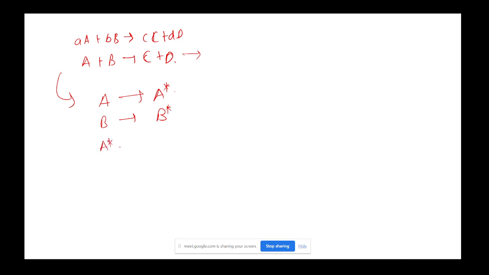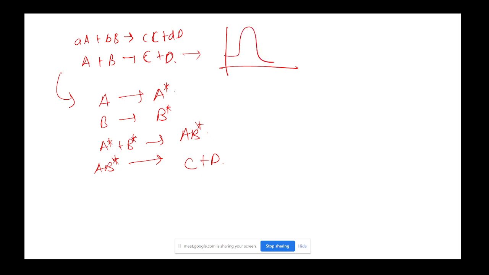Now A star plus B star will give me AB star, and this AB star will again dissociate to form C plus D. All these steps have certain amounts of energy associated, because the system has to overcome this barrier. If this is the intermediate form, then it has to overcome this much barrier, and this will be the heat of reaction in this case.